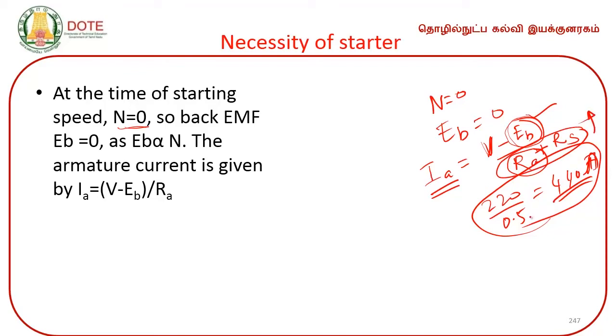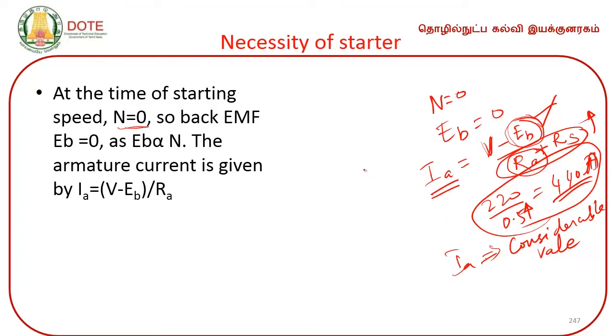Then the resistance in the denominator is much higher, so the current I_a will come to a considerably lower value. This is a small ad hoc arrangement till E_b is developed, then this R_s value will be taken out.